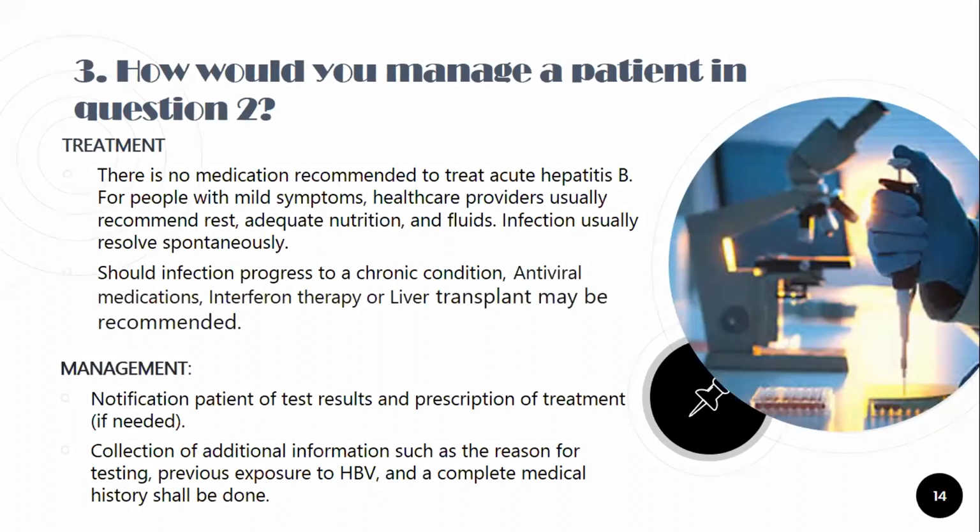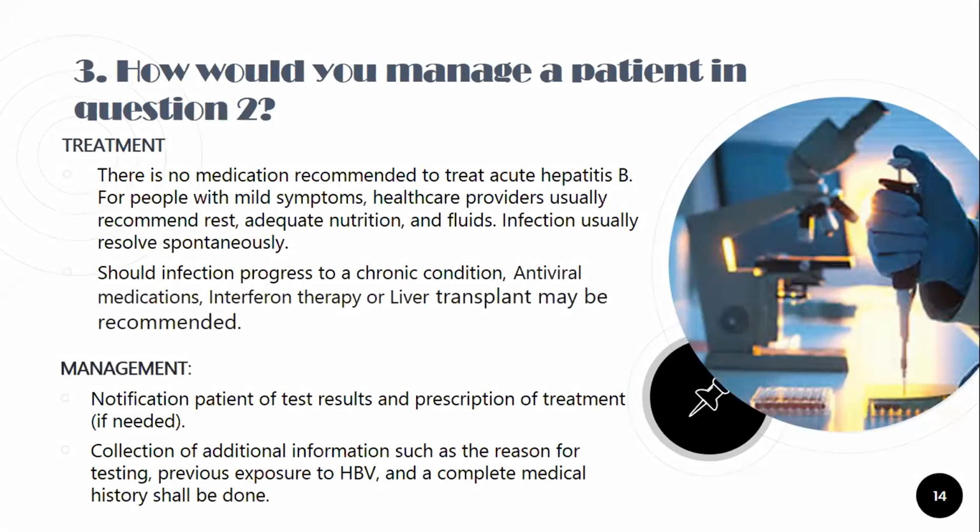For guide question number 3, how would you manage the patient in question number 2? For the treatment, there is no medication recommended to treat acute hepatitis B. But for people with mild symptoms, healthcare providers usually recommend rest, adequate nutrition, and fluids. Infection usually resolves spontaneously.